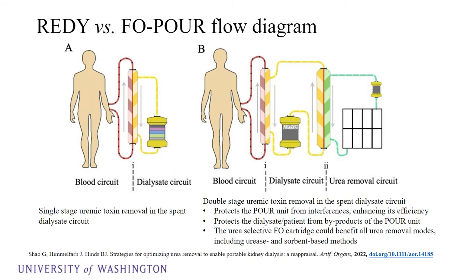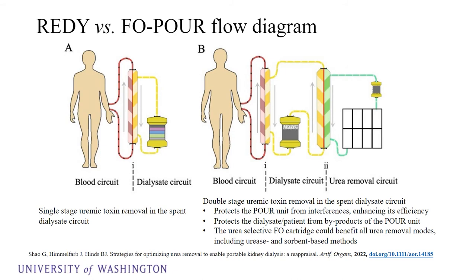And the advantage of this double-stage device is that, first, it protects the POR unit, the green circuit, from interference from non-urea species, and it will enhance the efficiency of urea removal.